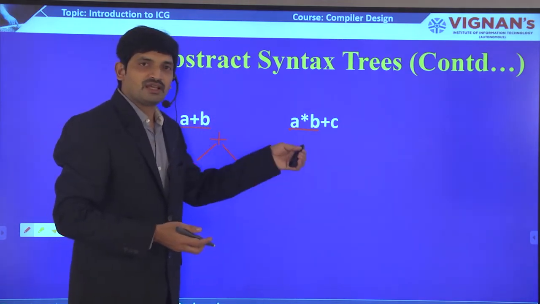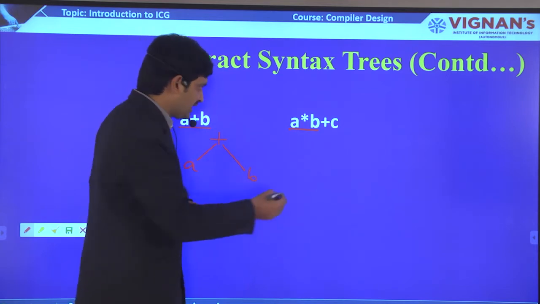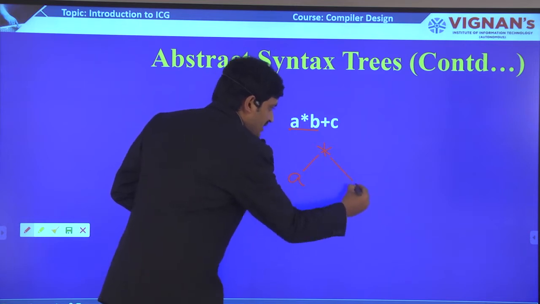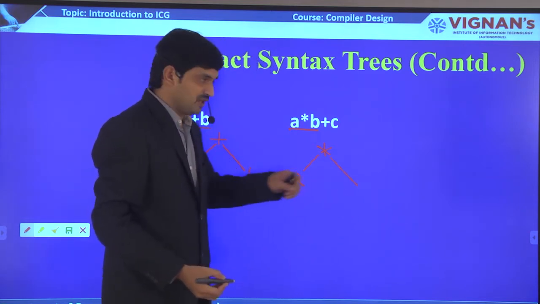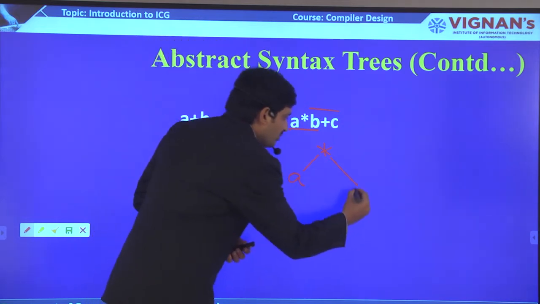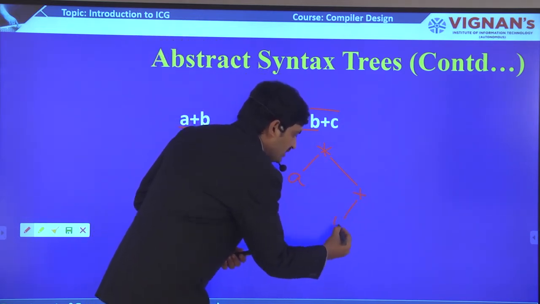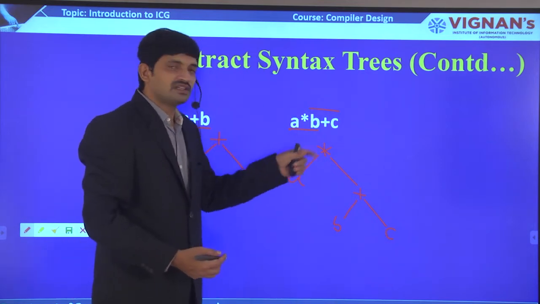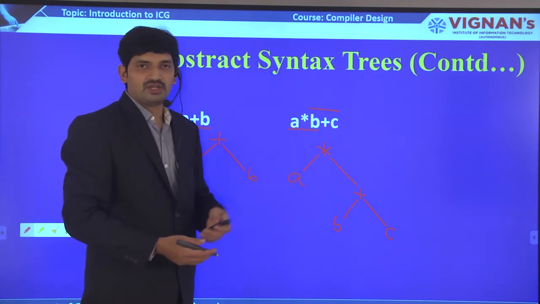So first I am going to deal with this multiplication operator as a, and I cannot write b here because there is one more operation, plus is there. So I have to write the plus and b and c. So this is the abstract syntax tree for a star b plus c.